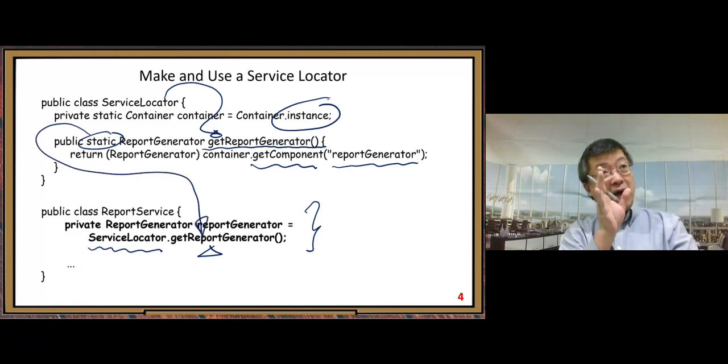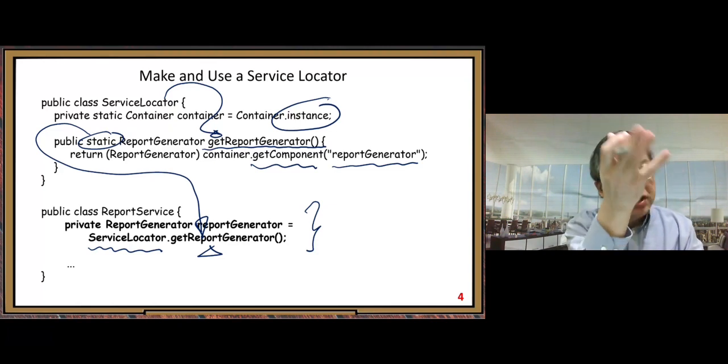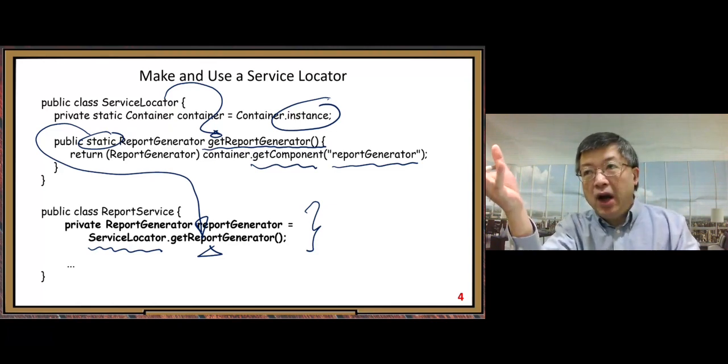You do not need to do instantiation to get a service locator object.